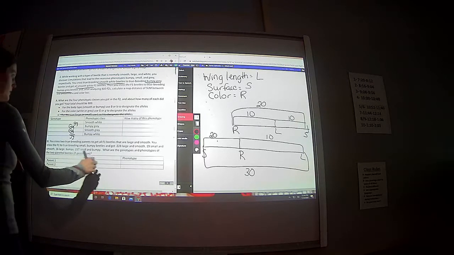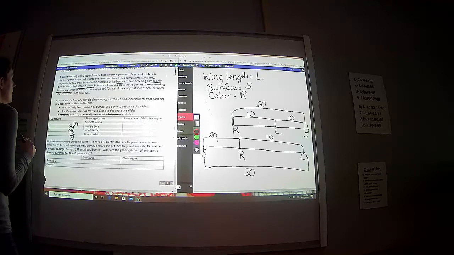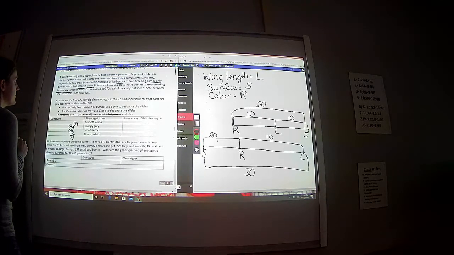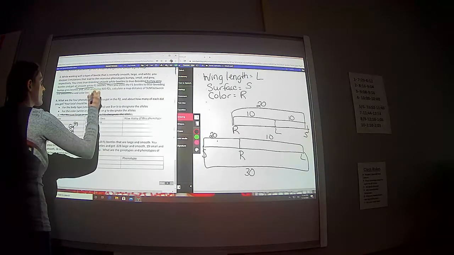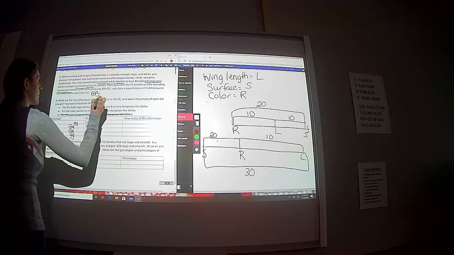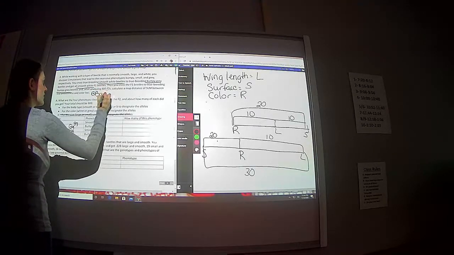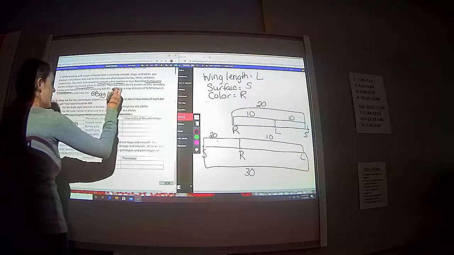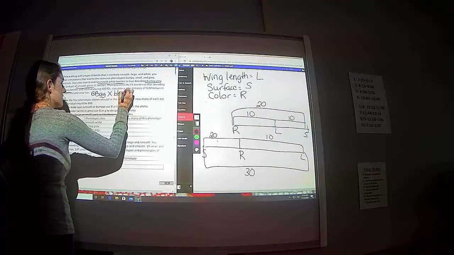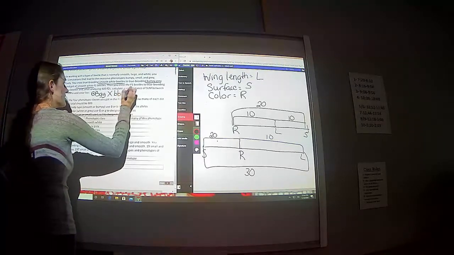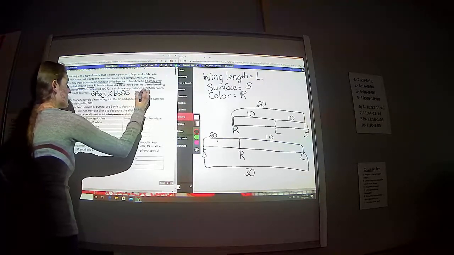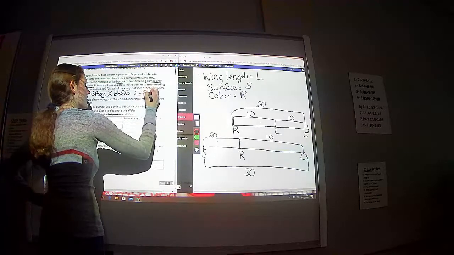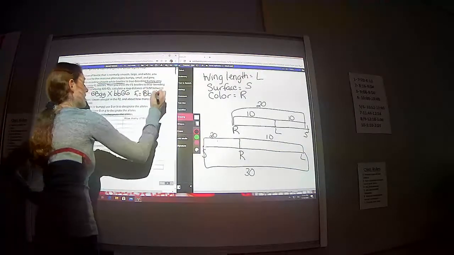I need to back up a little bit here. So there was mom, and dad would have been lowercase b's, capital G's. So our F1s would have been heterozygous.